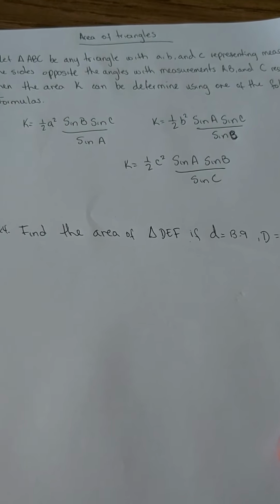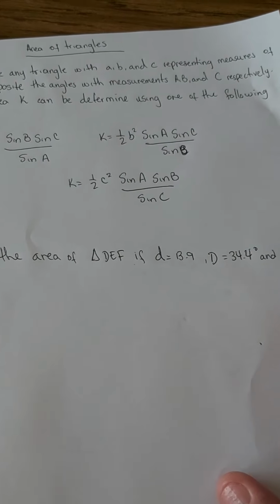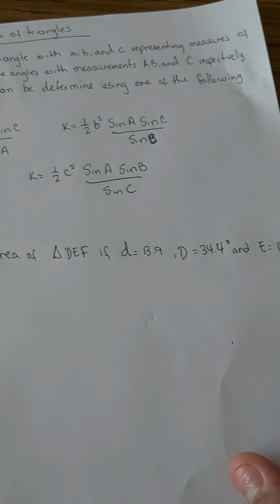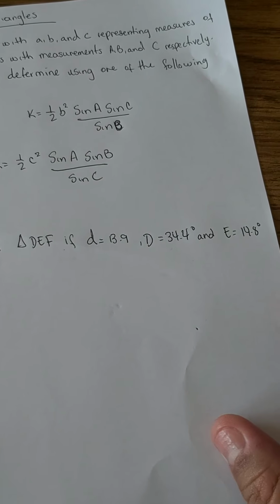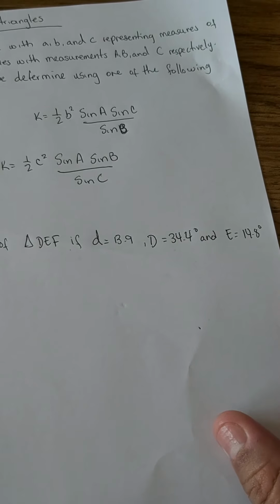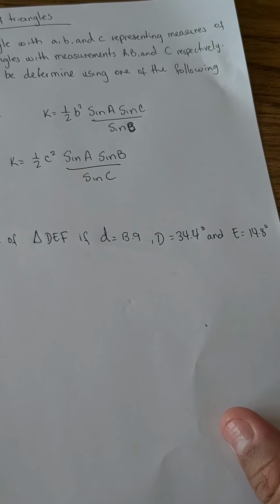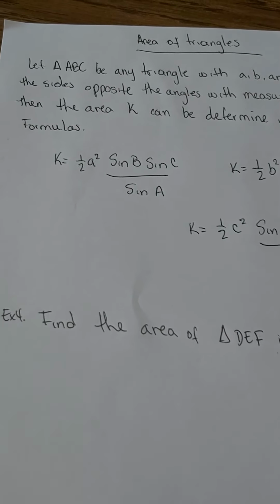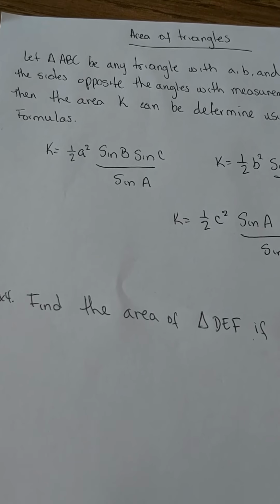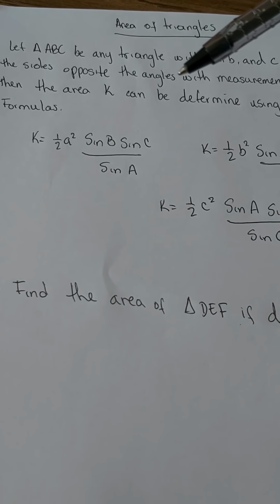Now, example 4. Find the area of triangle DEF if side D is 13.9, angle D is 34.4 degrees, and angle E equals 14.8. Notice they give us two angles.